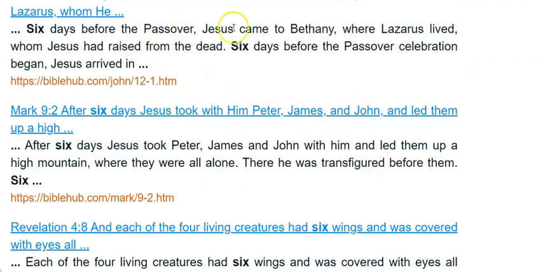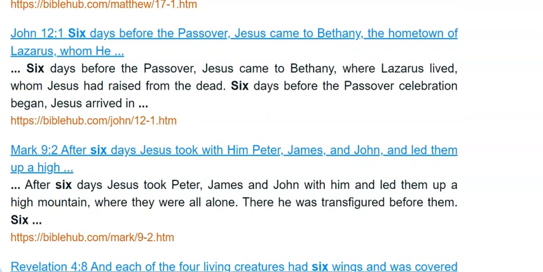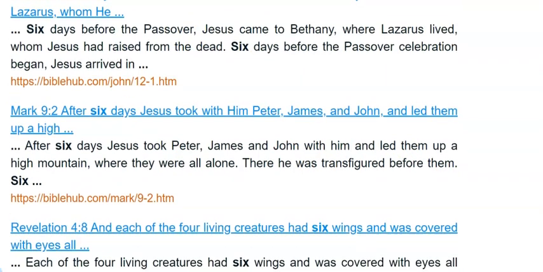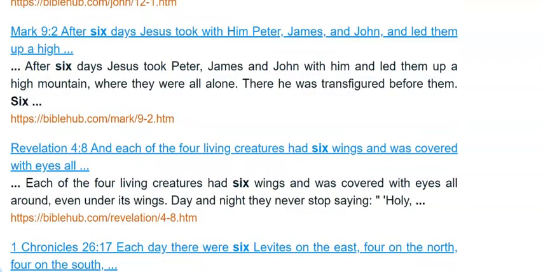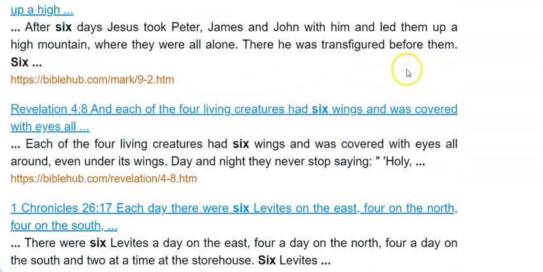And the Passover and Lazarus. Of course Lazarus is the one who came back from the dead, which again is a metaphor for trans. 12 and 1. That occurred in this stuff. And he was transfigured before them 6 days. Jesus was transfigured before them.